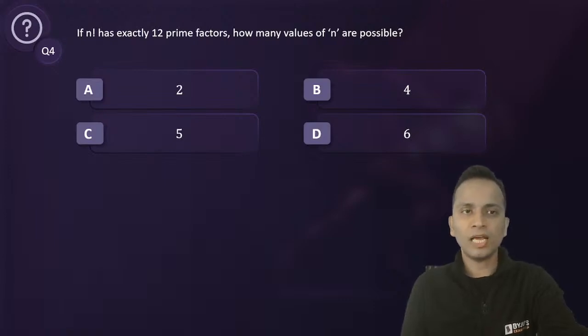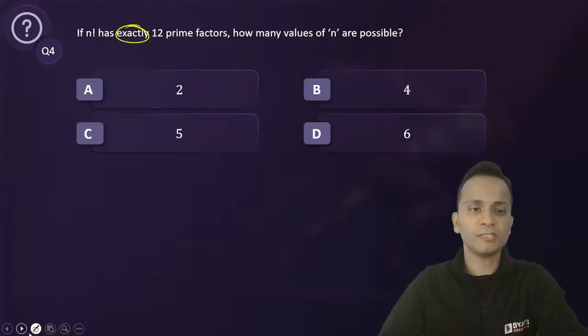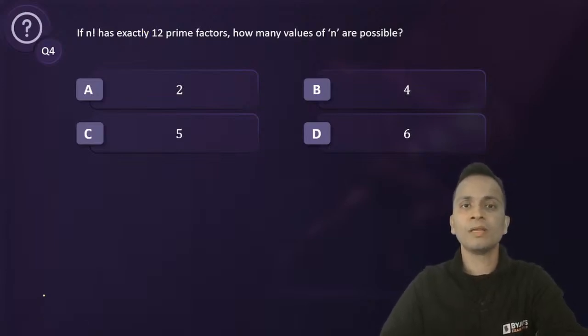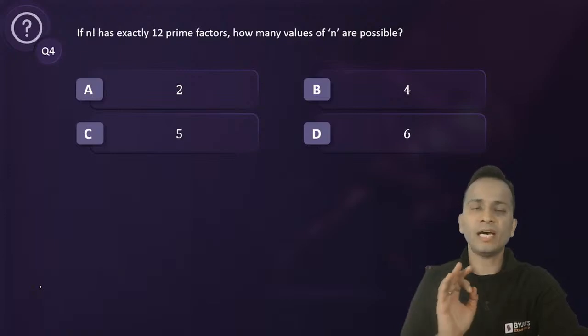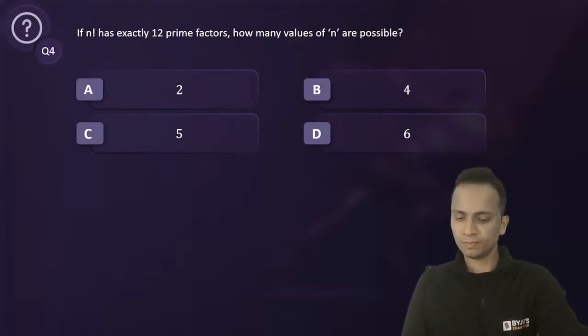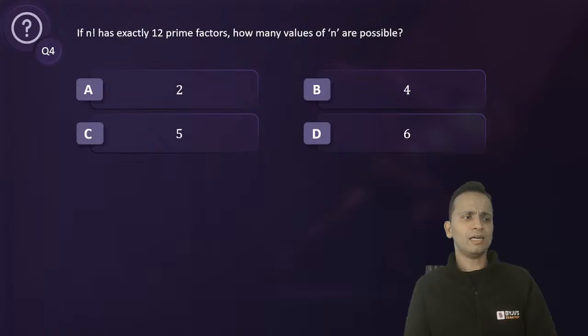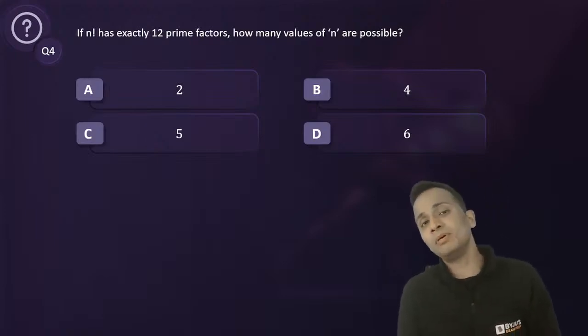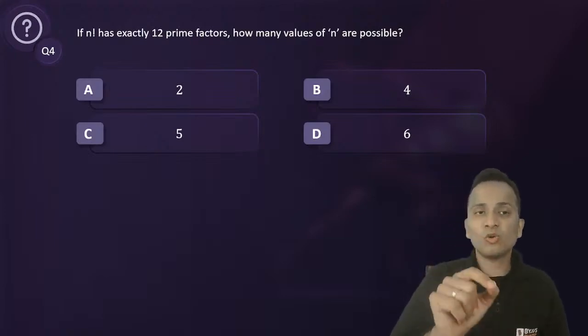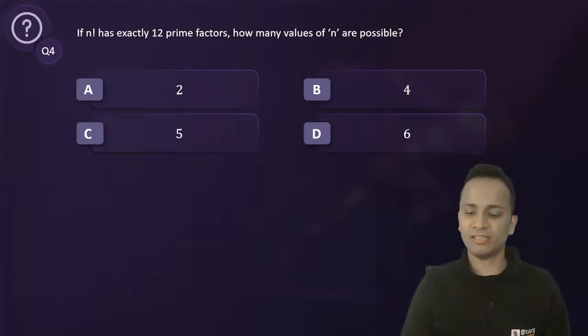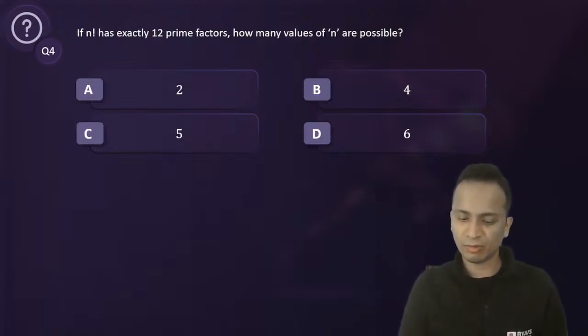If n factorial has exactly, this word is important, exactly 12 prime factors, then how many values of n are possible? So, simple question: how many numbers are there whose factorial has exactly 12 prime factors? Okay, understood?